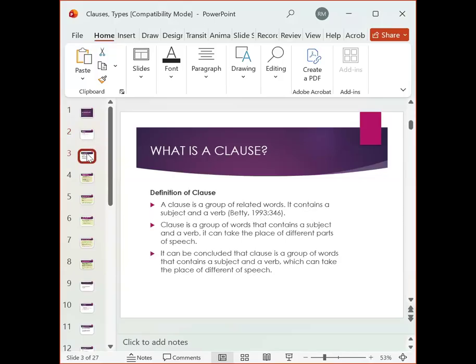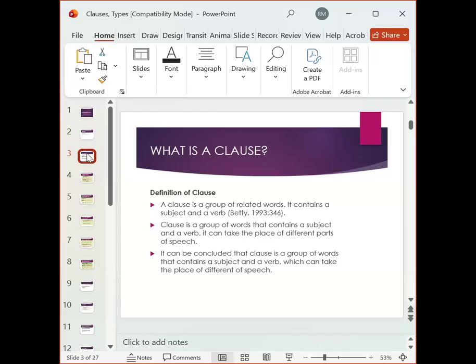Now, since we've already explained that a clause is a group of words that contains a finite verb, then definitely there is a subject in that clause. There will be a subject performing the action expressed in the verb in that clause. It can take the place of the different parts of speech. So for instance, the noun clause can function as the subject, just as a noun phrase can function as a subject, just as a noun can function as a subject.